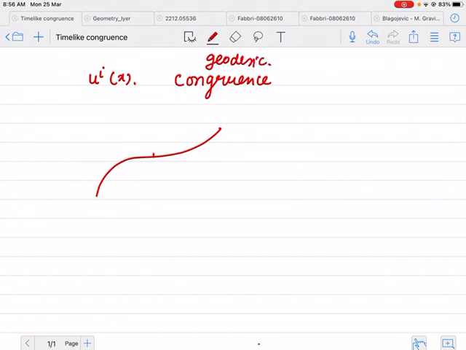The deviation vector eta between any two particles traveling along any two curves in this congruence is parallel transported along the congruence and will satisfy this condition.